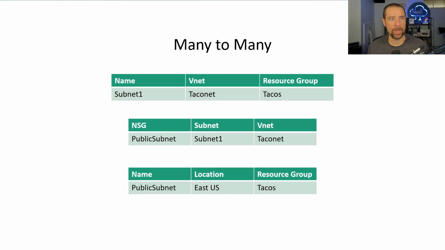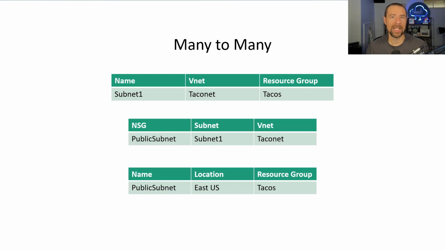Another type of relationship is what's called many to many. So you can have many relationships between two different sets of items. A good example here would be subnets and network security groups. A network security group can be assigned to multiple subnets, and a subnet can have multiple network security groups. At least I believe it can. Maybe it can't.